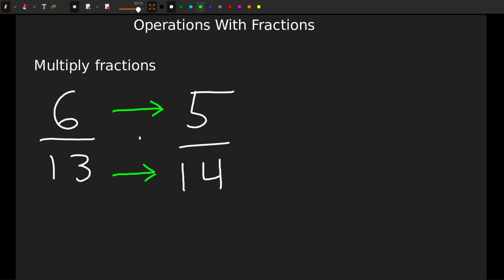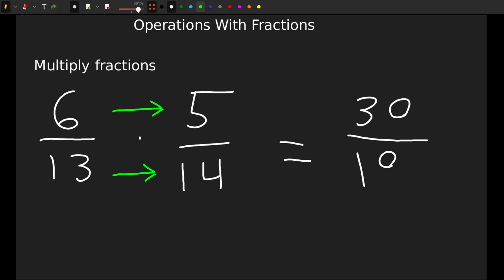And so we would be left with 6 times 5 gets us to 30. And then 13 times 14, I know, what was that? 14 times 14 is 196, so a little bit less than that is 182, I believe.